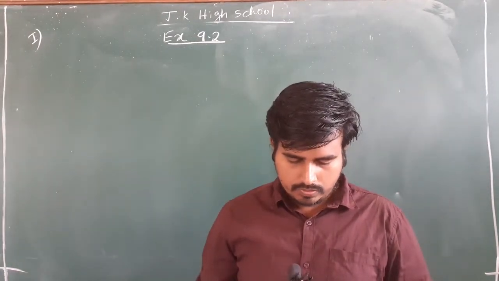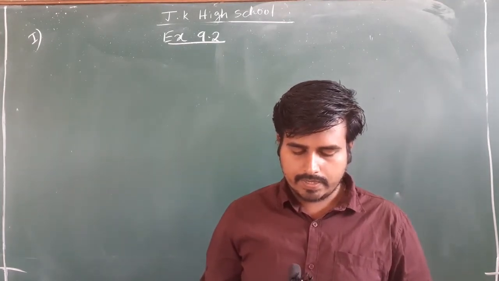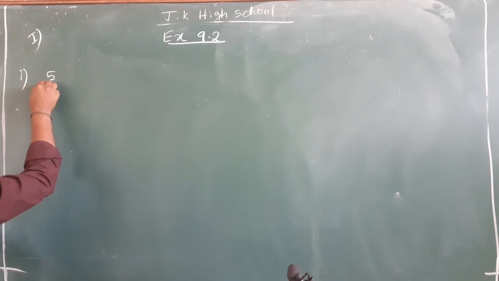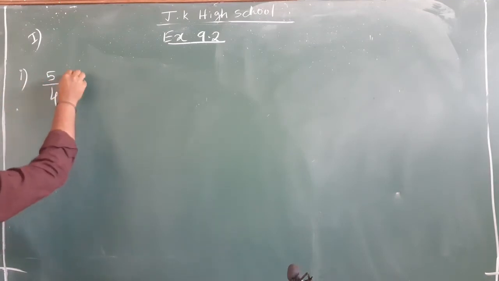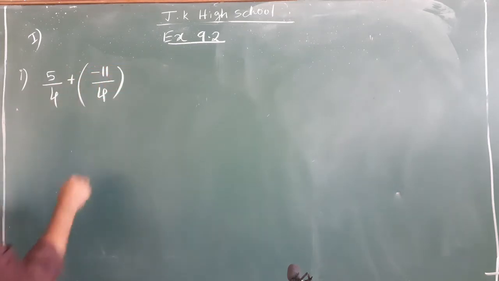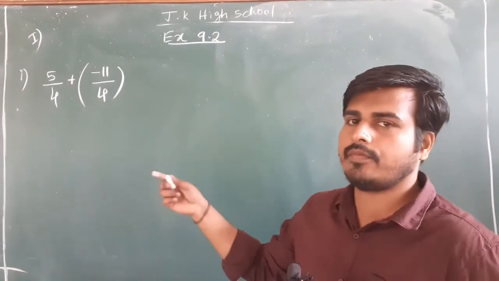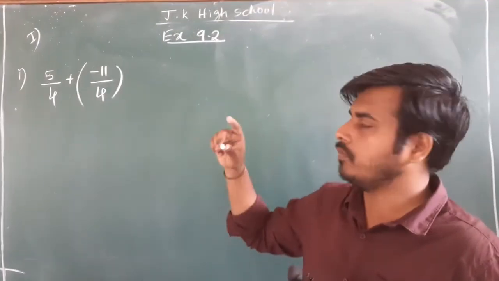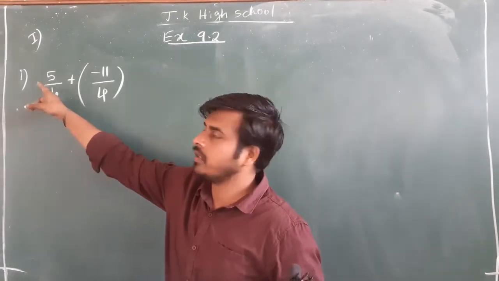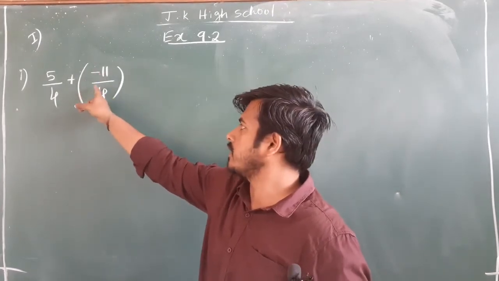Okay, so let's start with the first question, that is 5 by 4 plus, under bracket, minus 11 by 4. You can say fraction also, you can say rational numbers, both are same. 5 by 4 is a positive rational number, plus is the operation, and inside the bracket one negative rational number is there, that is minus 11 by 4.